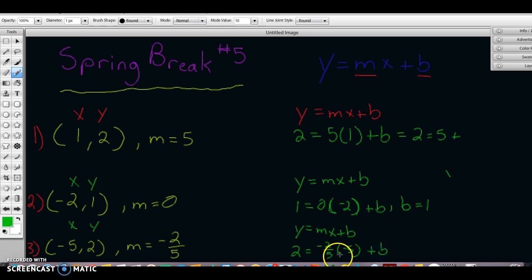When you have a fraction here, all you do is cross out what is similar, because -5 divided by 5 is -1. -1 times -2 is 2. So it's going to be 2 equals -2 plus b. And then when you add 2 on both sides, b is going to equal 0.